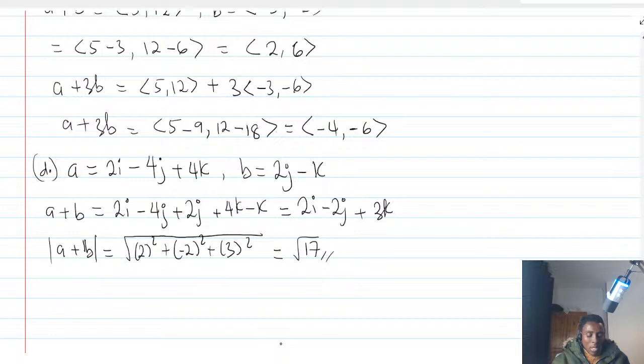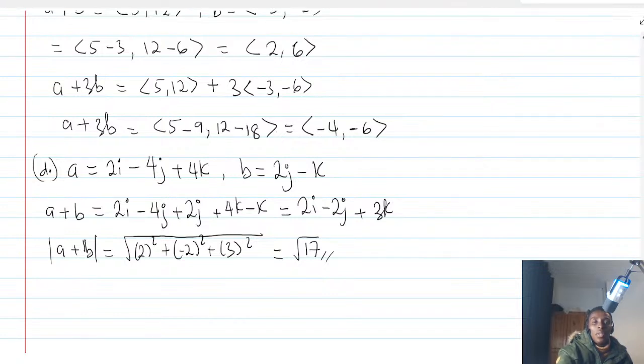All right. So that is it. I want us to move forward. So the next thing we are going to consider is the unit vector.